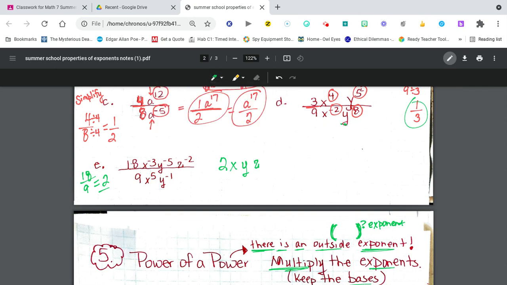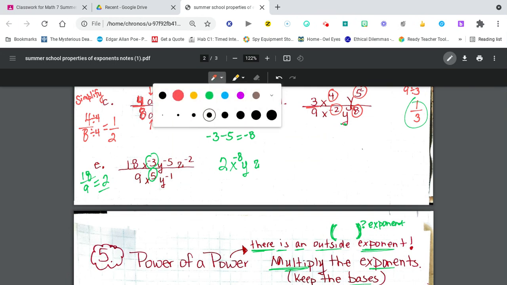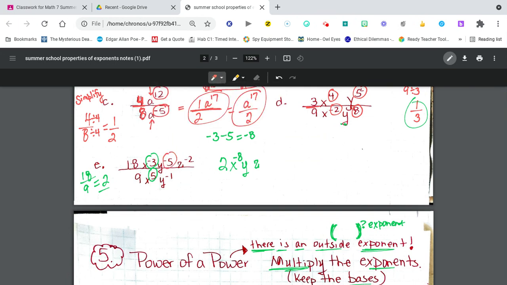All right, so for x, I'm going to take -3 and subtract the exponent on the bottom, which is 5, and I get -8. For y, well, what's the exponent for this y? -5 minus the exponent here.